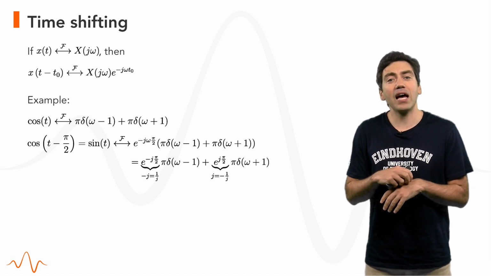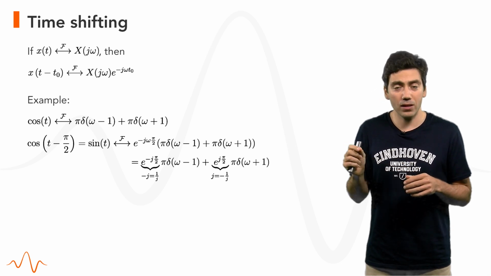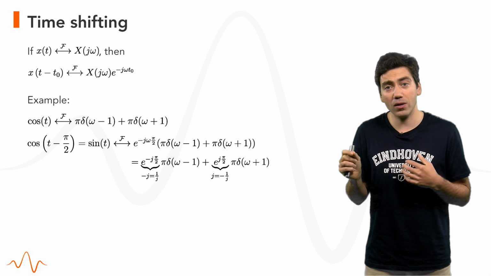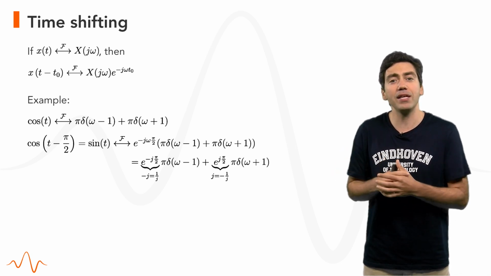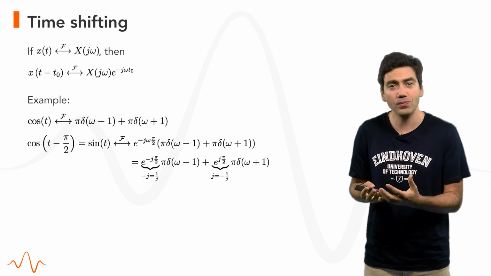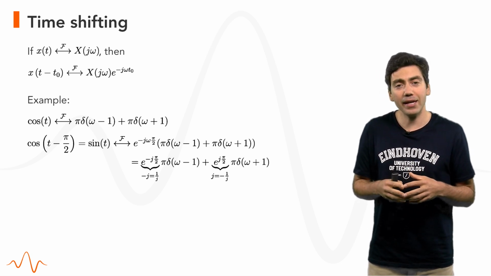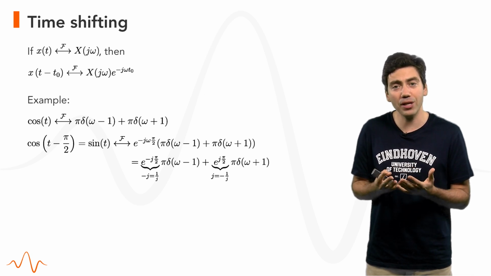Once we multiply this Dirac by e to the power of minus j omega pi over 2, when omega is 1, that's basically minus j.